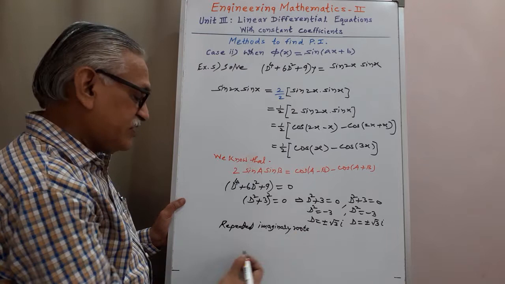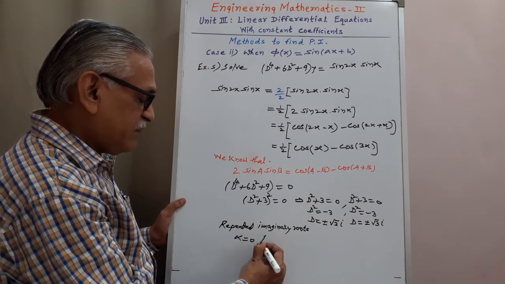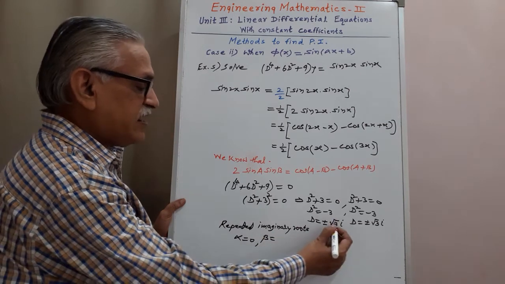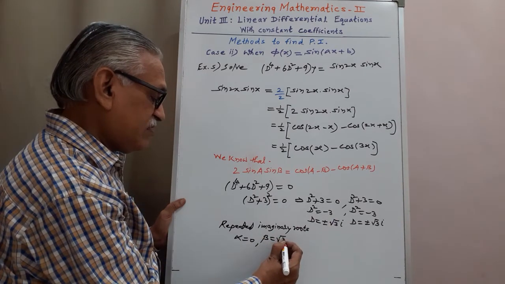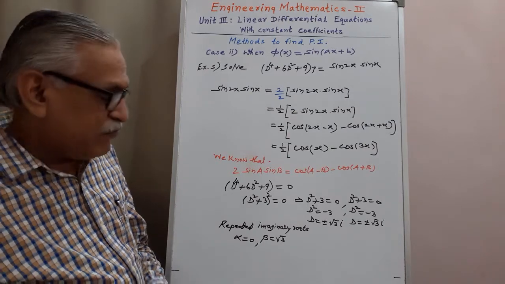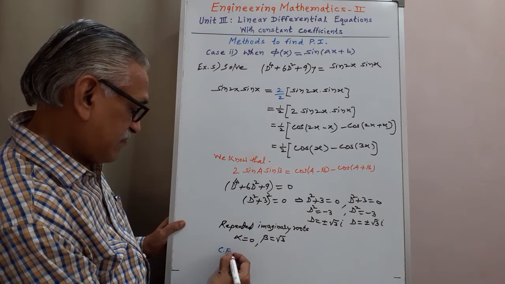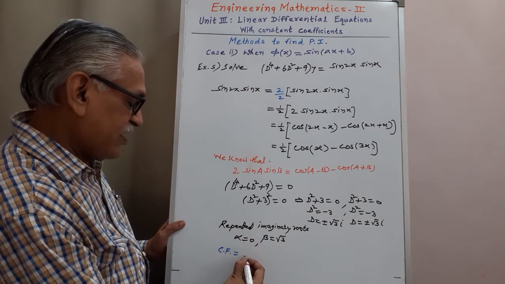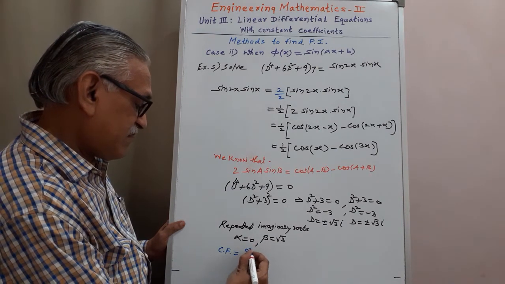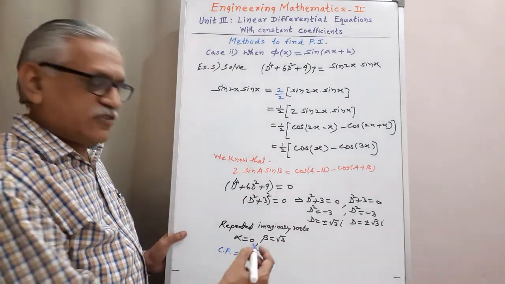With alpha equals to real part as 0 and beta imaginary part as root 3. And therefore CF is e raised to alpha x, as it is repeated imaginary root.